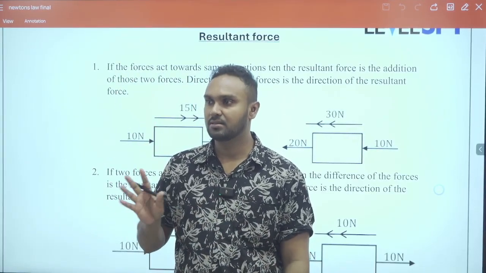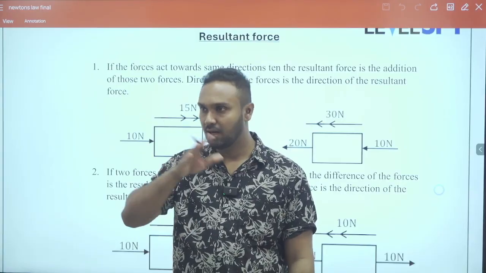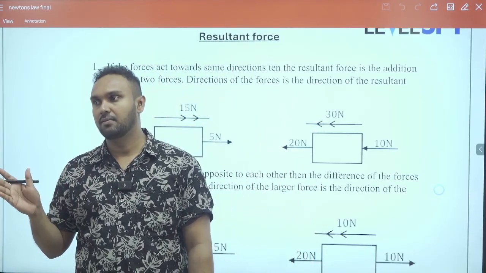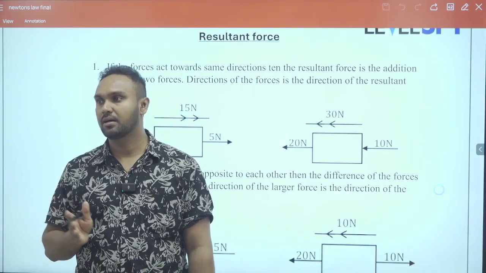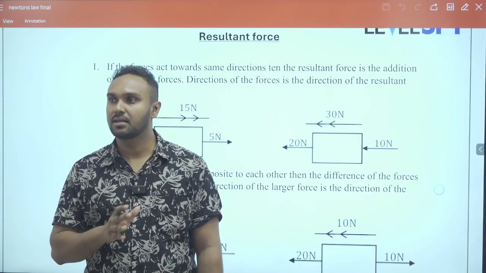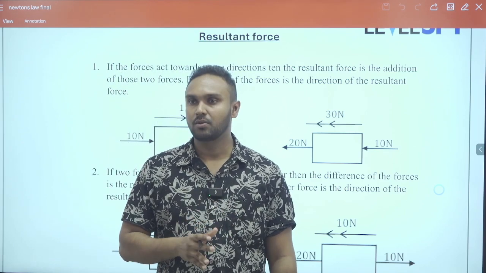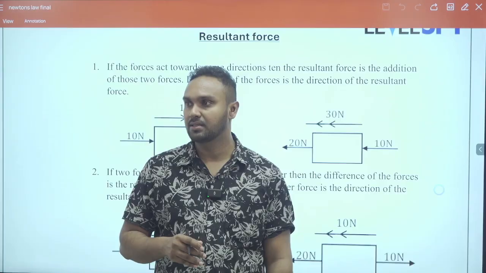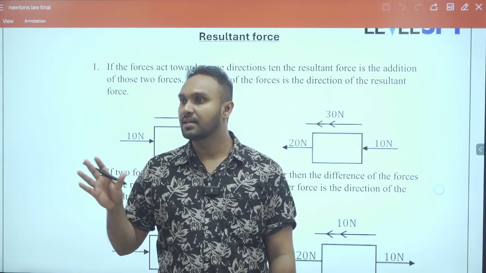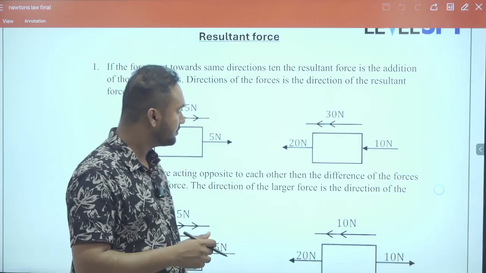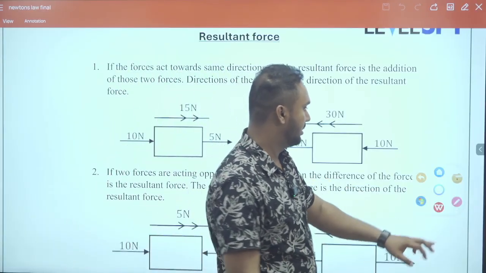Not the two axes together, but separately in either the x axis or the y axis. If more than two forces act, the resultant of those forces is the cause of the acceleration. And if the mass of the object is constant, the resultant force affects the acceleration.